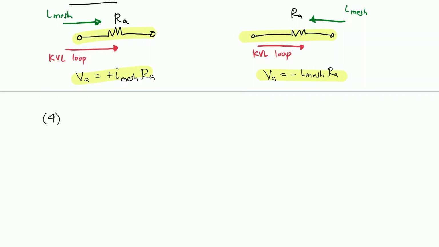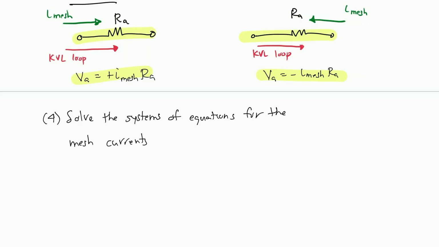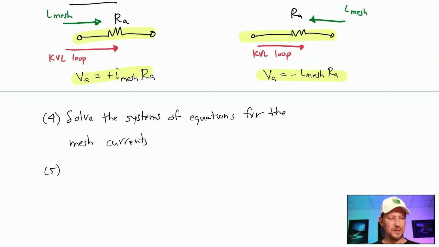The next step is to solve the system of equations for the mesh currents. And then once we have the solution, then we're going to use the mesh currents to find the desired electrical quantity.